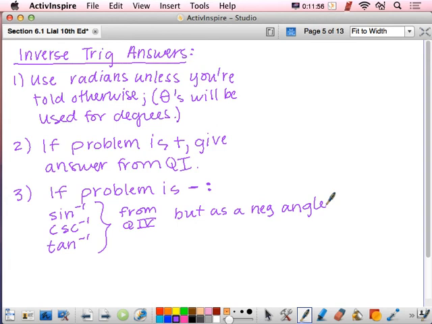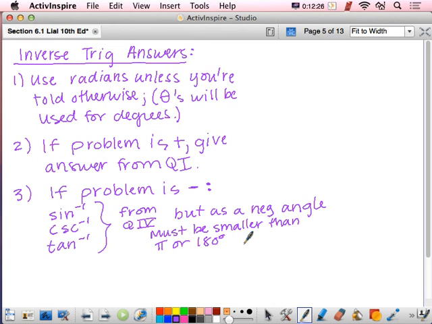You would answer it as negative 45 degrees or negative pi over 4. You never go larger than 180 or pi. So it must be smaller than pi or 180 degrees. Pi is the biggest you can go, 180 is the biggest you can go. If you need something from quadrant 4, you back yourself off into the negatives.